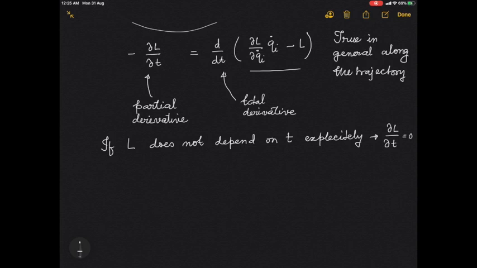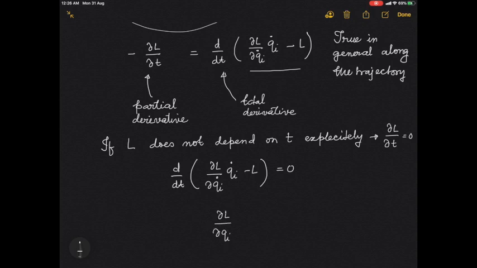Which means that d/dt of this entire thing becomes 0, and which means that I can write del L del qi dot times qi dot minus L is a constant. It's a constant of time.